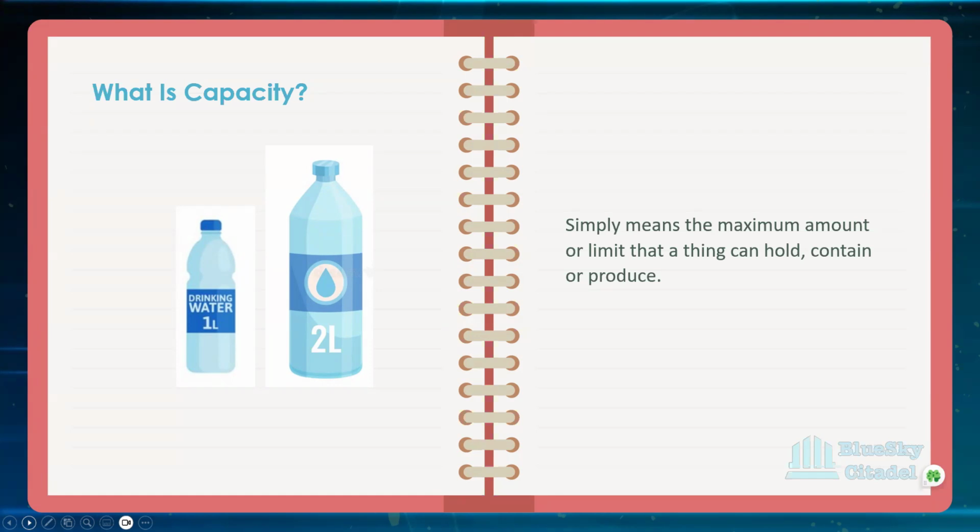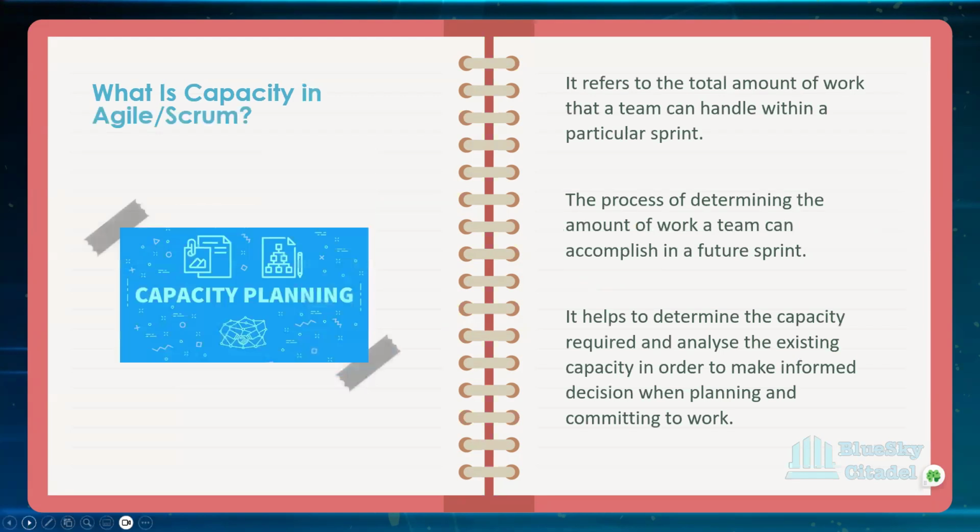And I did that because it will help us when we talk about capacity in Agile or in Scrum. What does that mean to us? It refers to the total amount of work that a team can handle within a particular sprint. So you have sprint one. What is the capacity of your team members? What is the amount of work that can be done? It is also the process of determining the amount of work that a team can accomplish in future sprints.